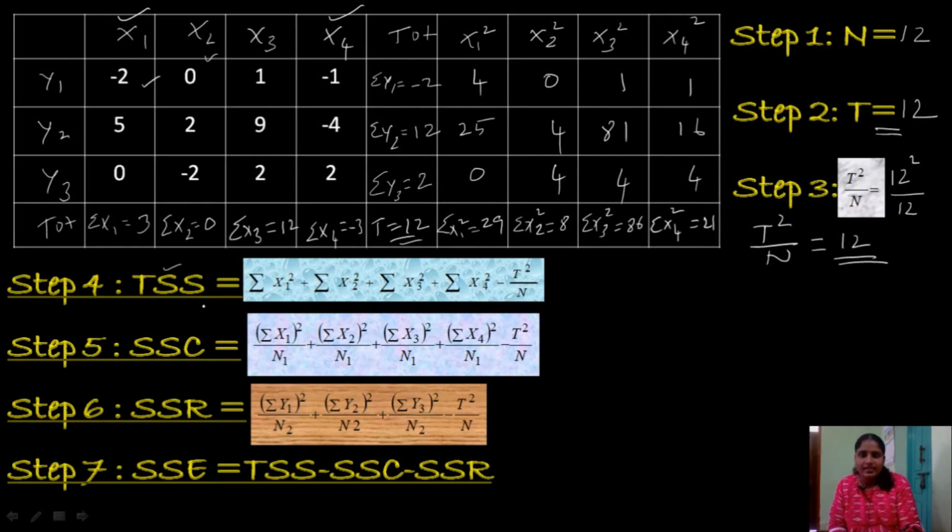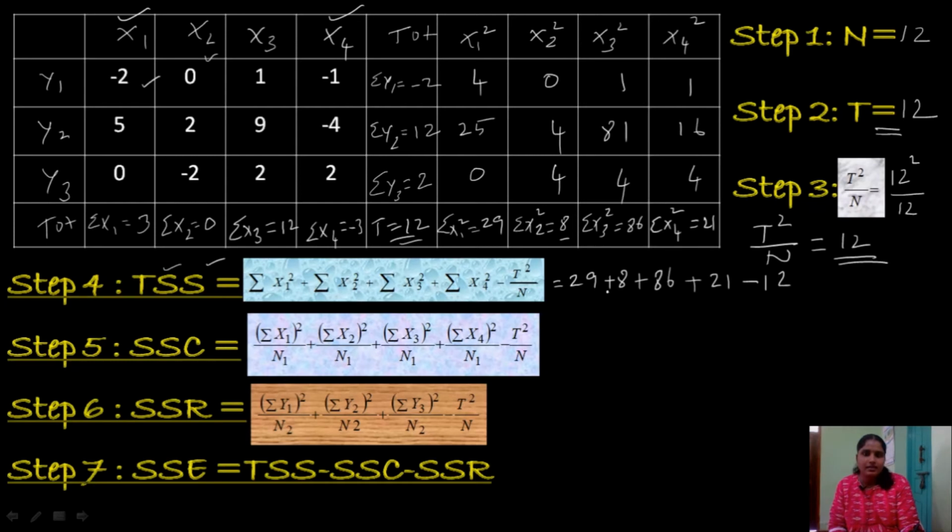Now we calculate the total sum of squares using all these values, that is equal to sigma x1 square, that is 29, plus sigma x2 square, that is 8, plus sigma x3 square, that is 86, plus sigma x4 square, that is 21, minus the correction factor 12.